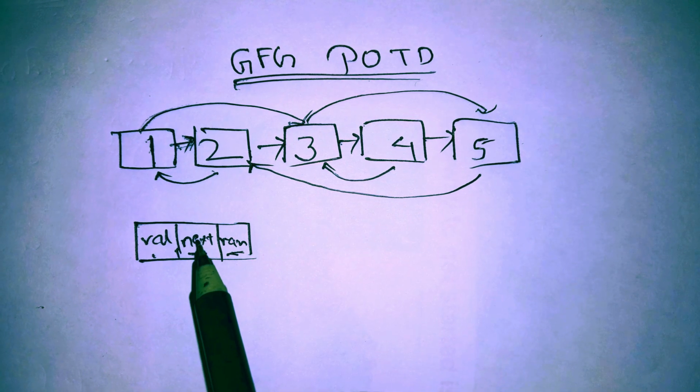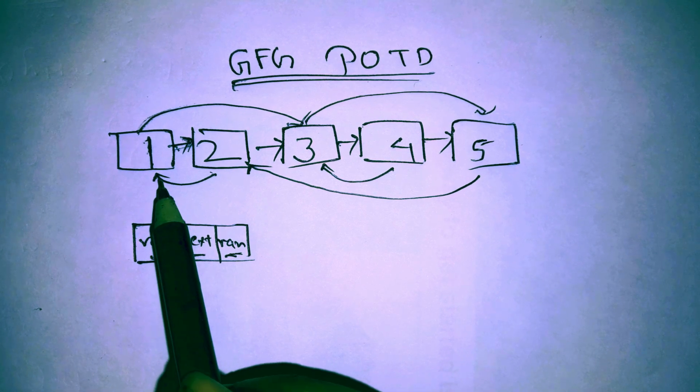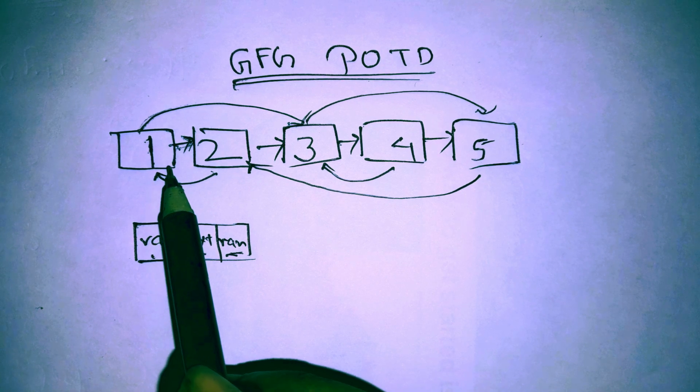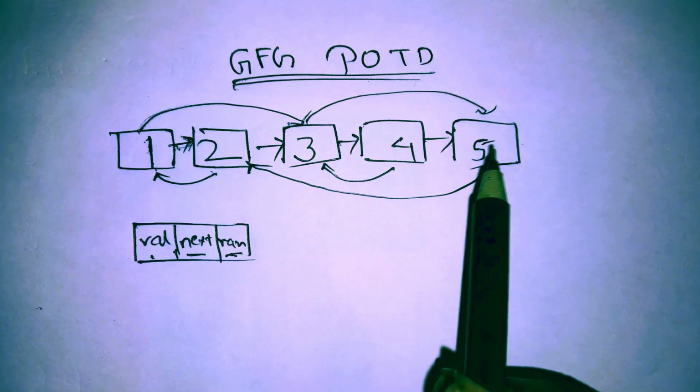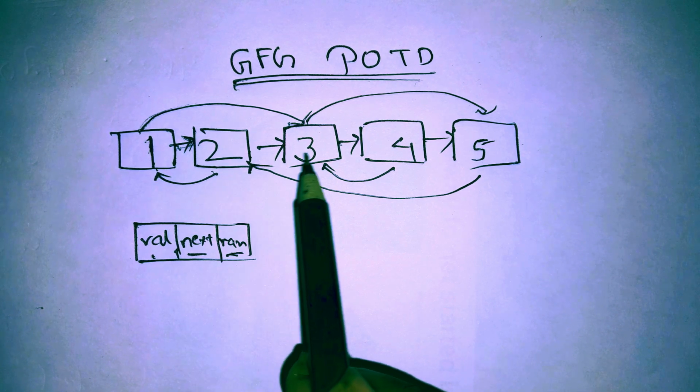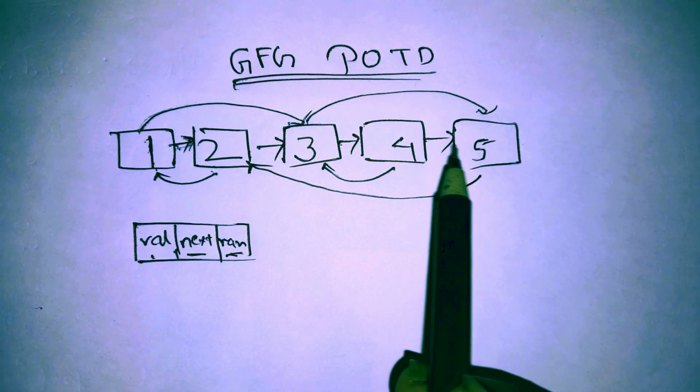Basically the problem says that you have a linked list where you are given 1 2 3 4 5. It is an example. 1 is pointing to 2, 2 is pointing to 3, 3 is pointing to 4, and 4 is pointing to 5.